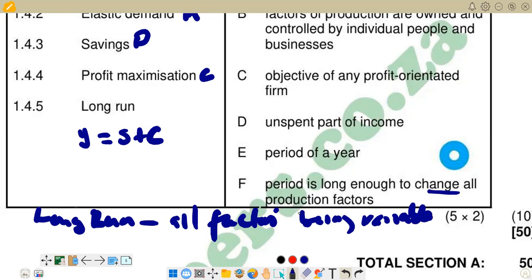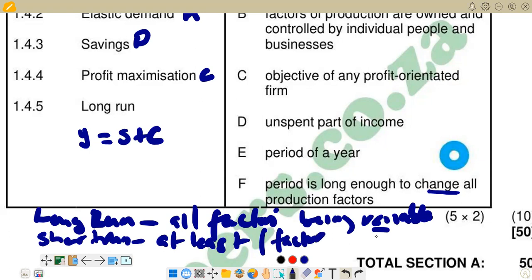The element of changing is the one that is being variable. Then another period is the short run. In the short run, we have at least one factor being variable. So that's what we have. So F becomes the most appropriate for 1.4.5. So we have F here.